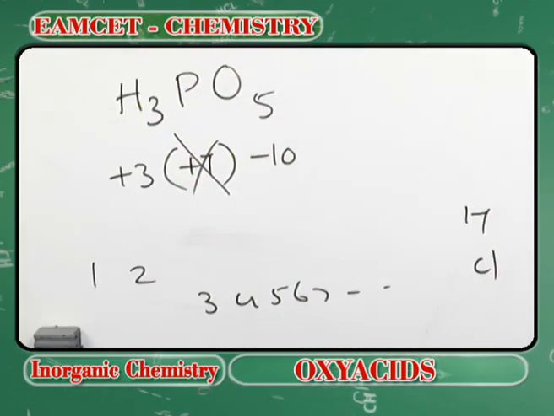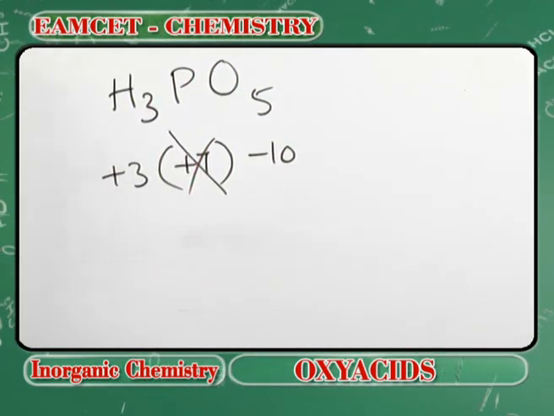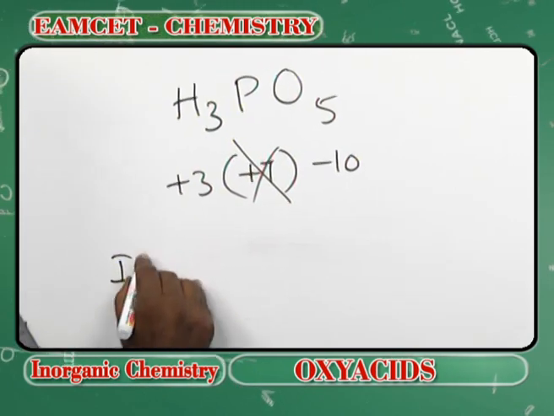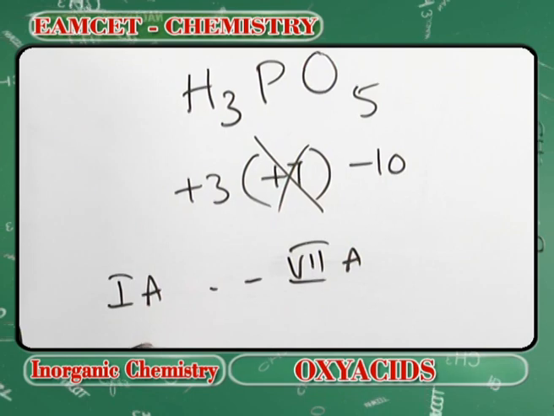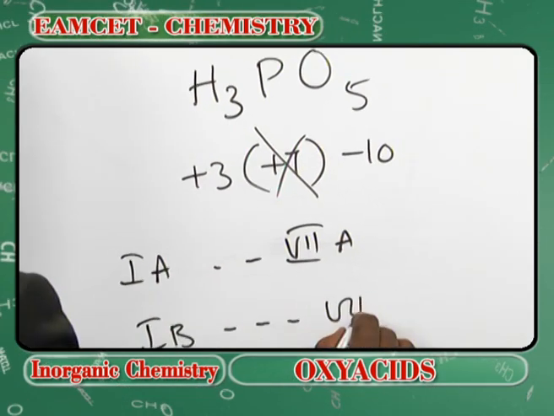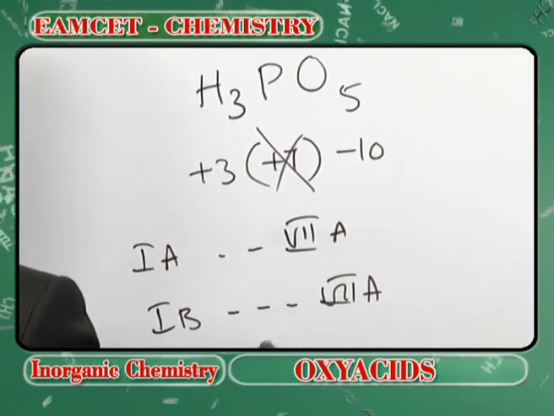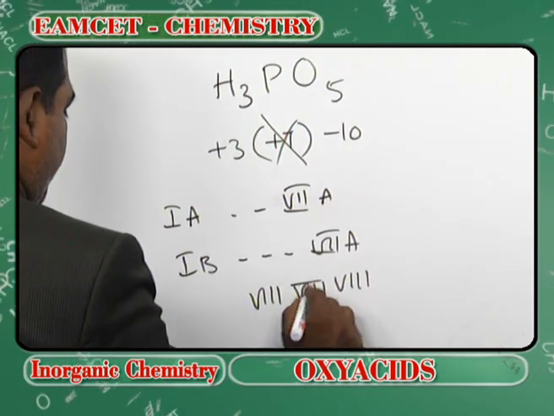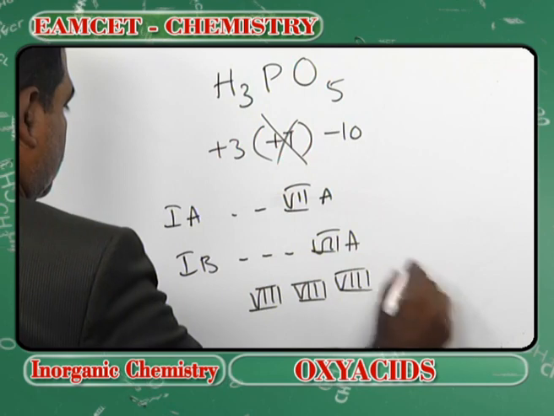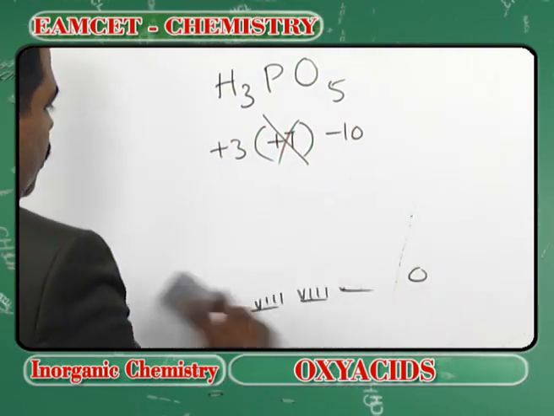No. The rule we derived is from the old groups: 1A to 7A, 1B to 7B, and of course 8 groups, 3 8s and 1 0. So this is the old notation, follow that only.